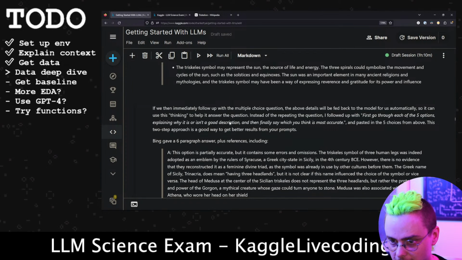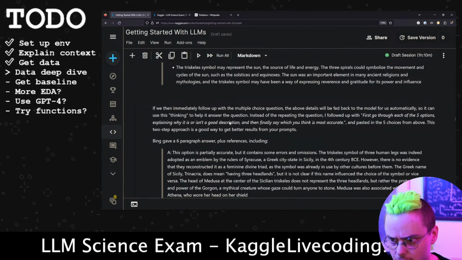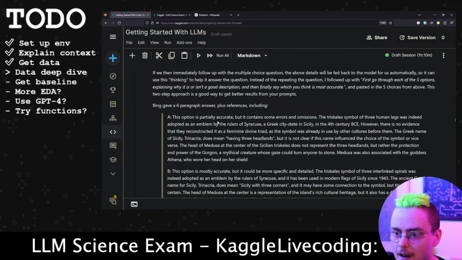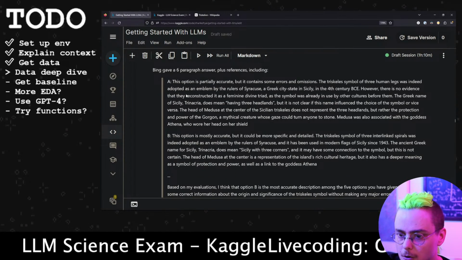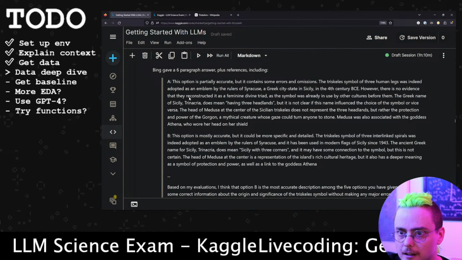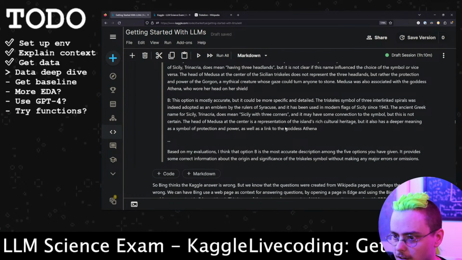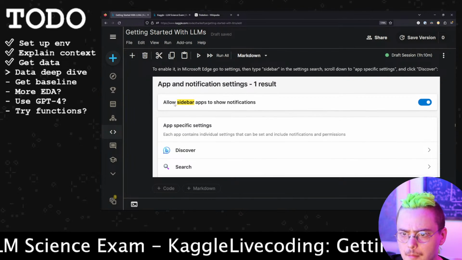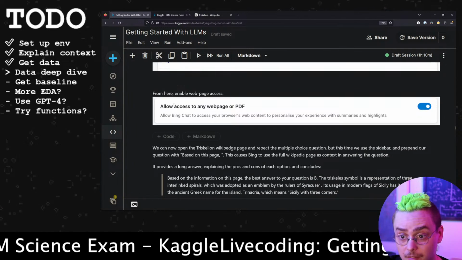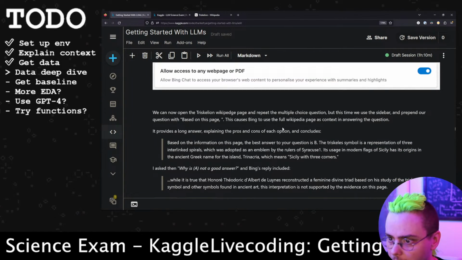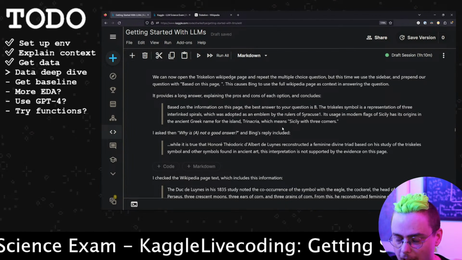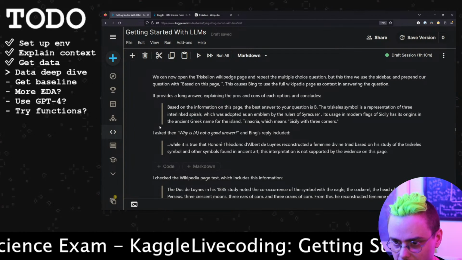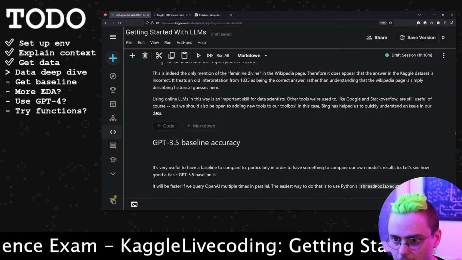This should all still apply. Jeremy's able to get Bing to agree that the Kaggle answer is wrong, on the basis of its knowledge, so that's GPT-4, both without access to the Wikipedia page and with access to the Wikipedia page. So that's interesting.